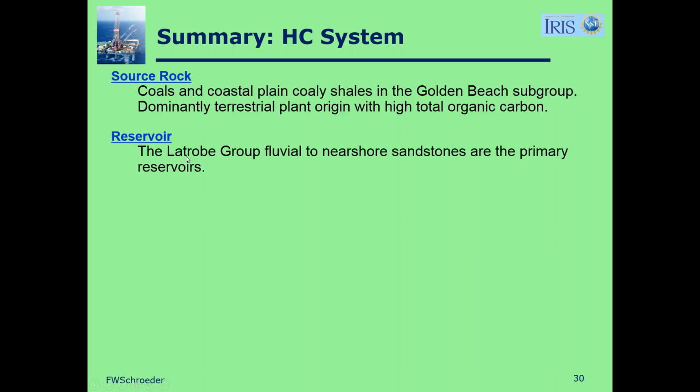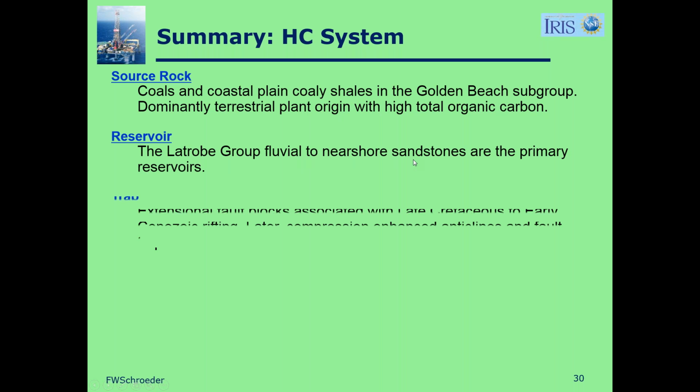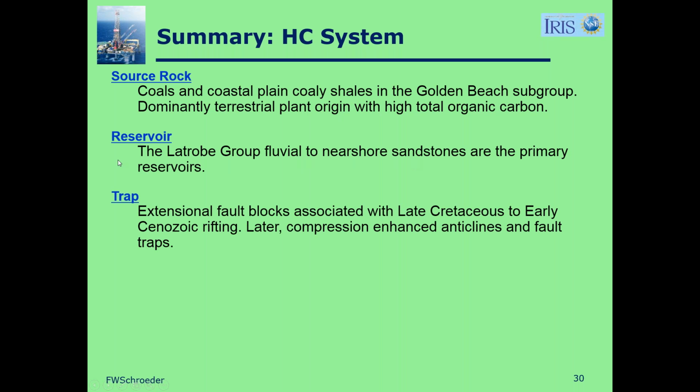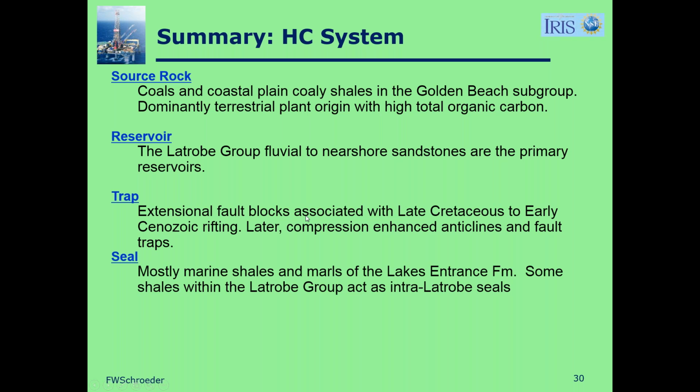The reservoir we're hoping is in the Latrobe group, where we expect fluvial to near shore sands, and that's our primary reservoir. Our trap is extensional fault blocks associated with late Cretaceous to early Cenozoic rifting. And then we have the unconformity, and we can have some erosion that will modify some of those traps.